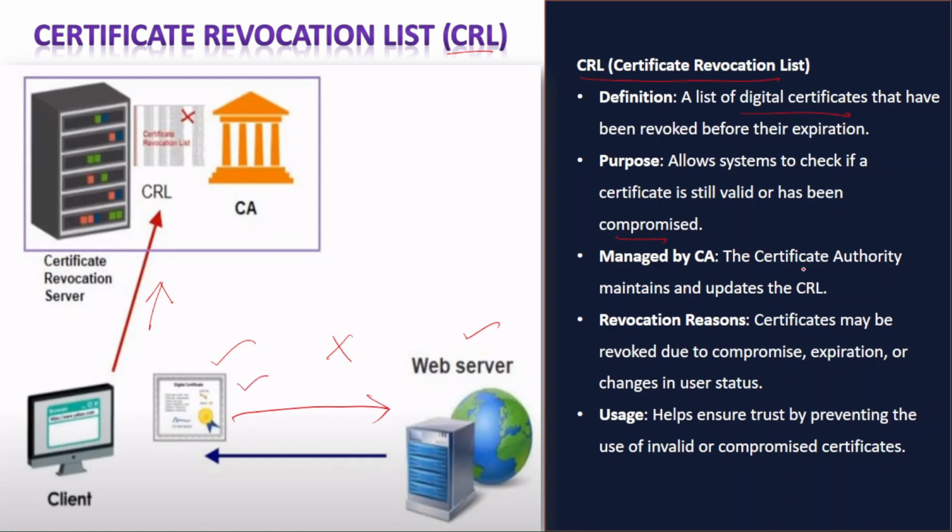Managed by the CA, the certificate authority maintains and updates the CRL. So each time, let's suppose in the future, if this web server certificate is revoked or compromised, the list is updated and this certificate is included in the list. Revocation reason: certificates may be revoked due to compromise, expiration, or changes in user status usage. It helps ensure trust by preventing the use of invalid or compromised certificates.